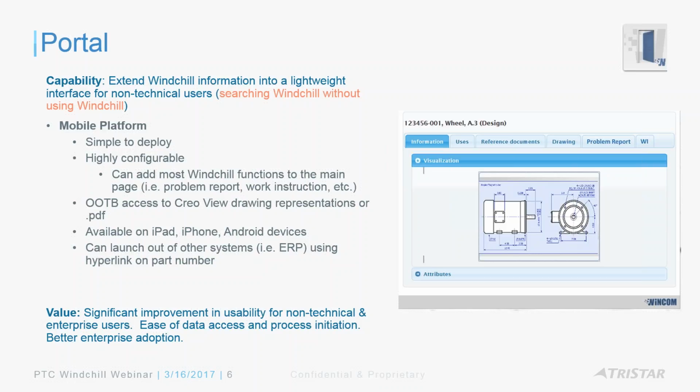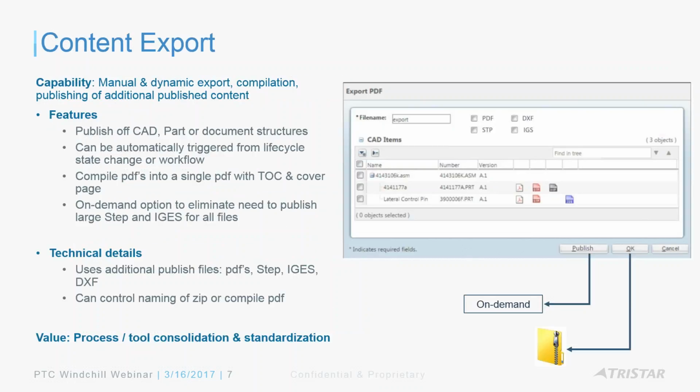So one of the things that we can enable through the content export app is to have these files be either manually or automatically exported out of Windchill to other locations, right?